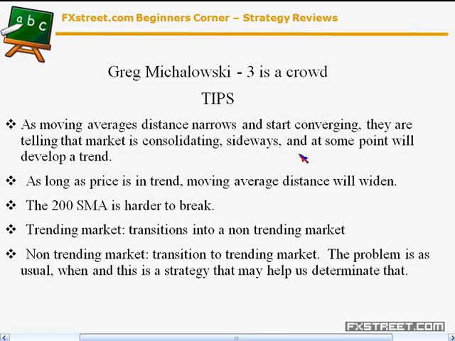Okay. However, at some point, this non-trending market will actually transition into a trending one, right? As I said, the problem is the usual when, okay? And the idea is that this strategy may help us determine that by using the moving average, okay?